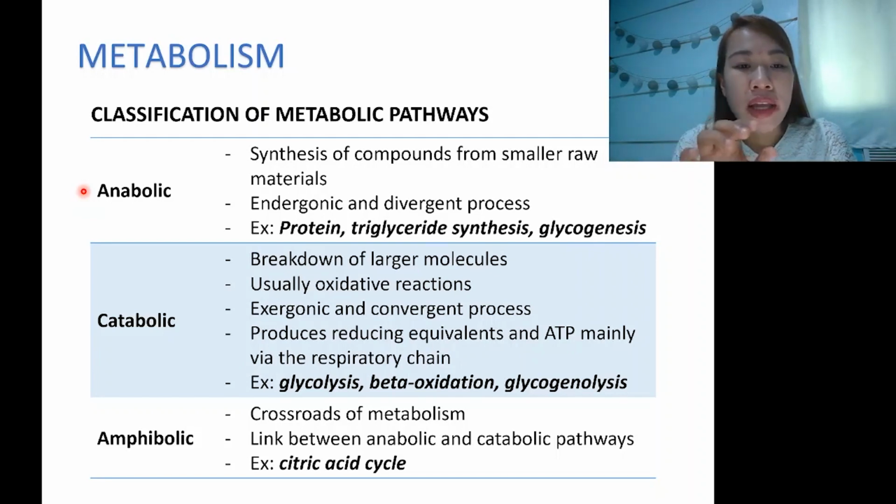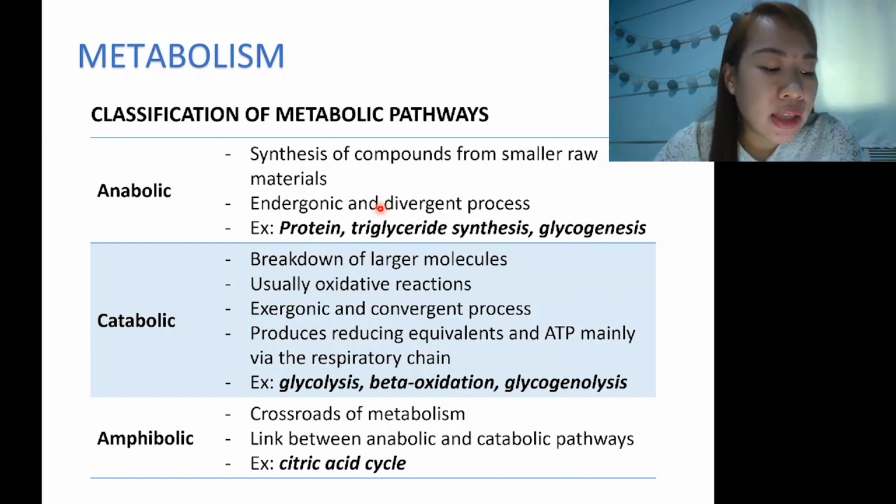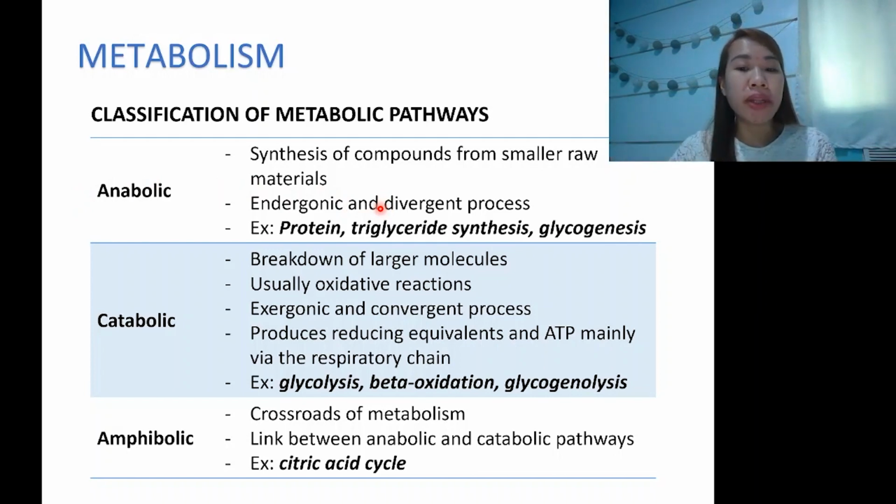If it's an anabolic pathway, it means it will use energy. And when you say divergent, on the other hand, it means, class, that they develop in different directions. So it will start from small raw materials and it will develop into larger products or more complex chemical compounds. So for example, here we have protein synthesis, okay?